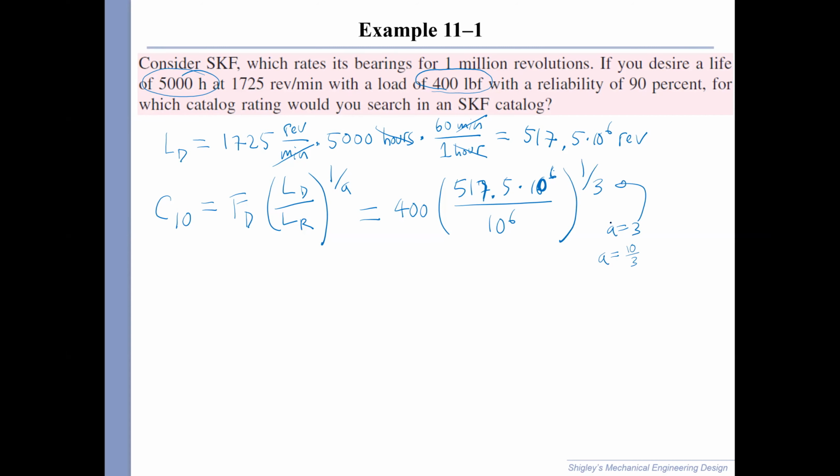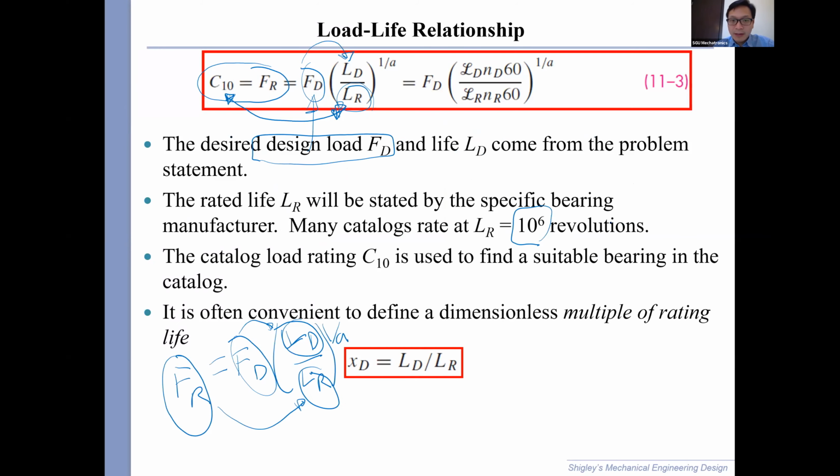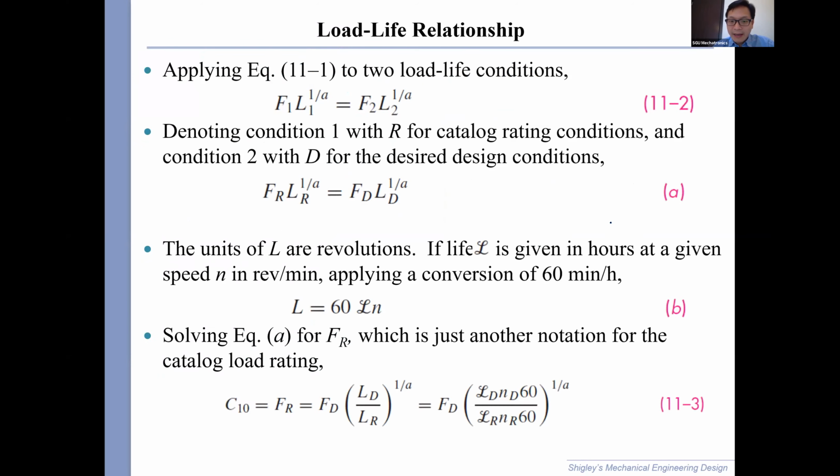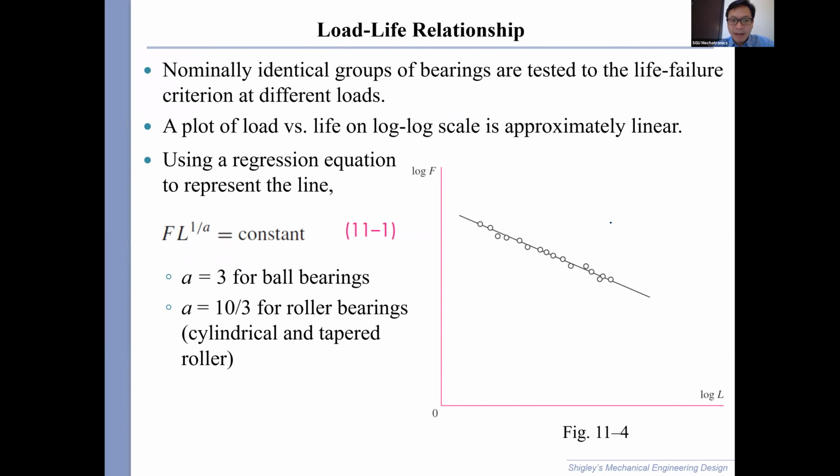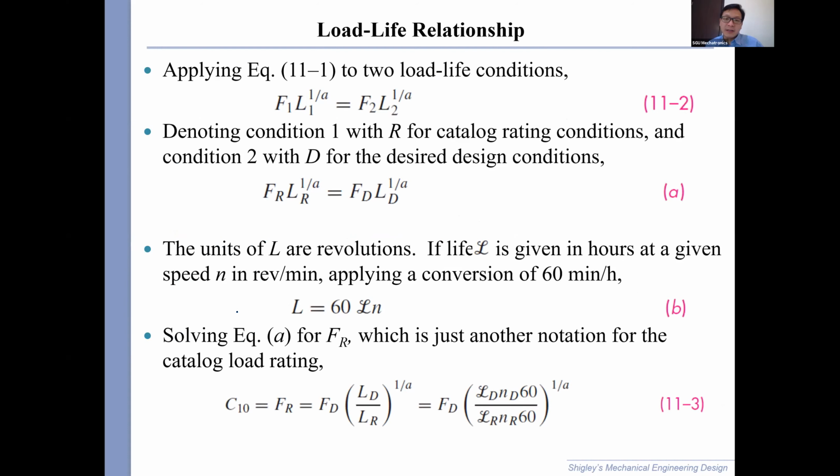Where does the 3 come from? It's just given. I have it here somewhere. Ah, here. So A is just a constant. For ball bearings, use A equals 3. It depends on the rolling elements.